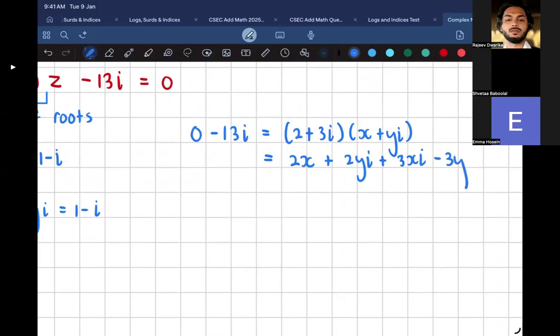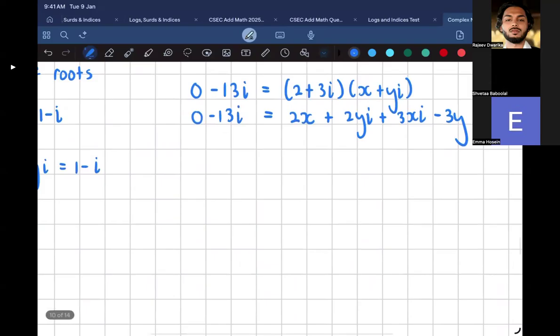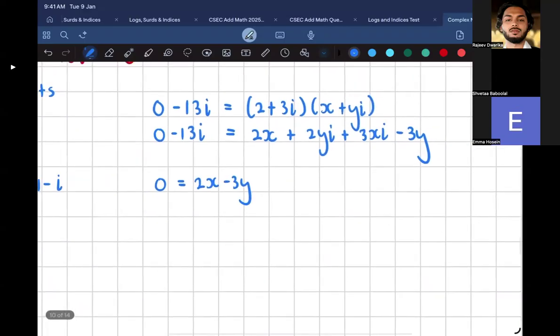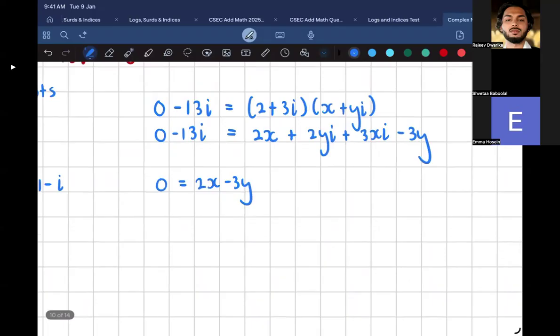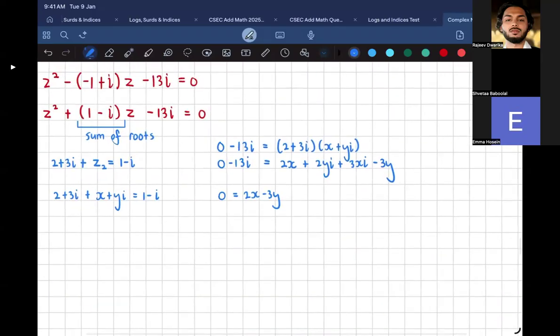So 2x plus 2yi plus 3xi minus 3y, and that's going to be 0 minus 13i. If that's the case, 0 would be equal to 2x minus 3y. This is what you ended up with before, so you're essentially doing the same thing.